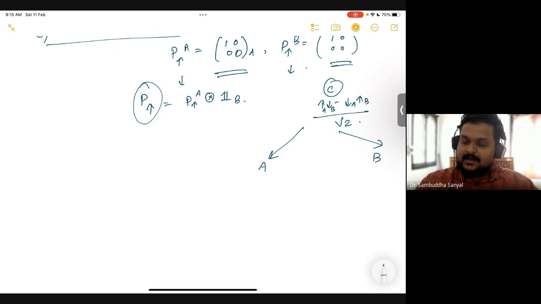We already discussed that measuring up spin in a Stern-Gerlach experiment is a projective measurement. So what Alice can do is apply P up on this whole thing.